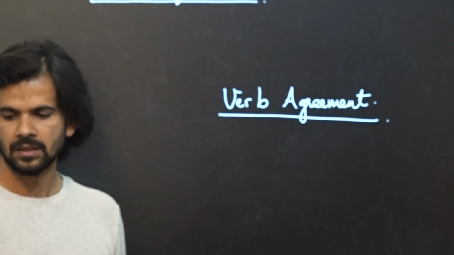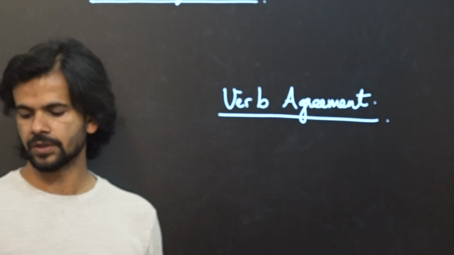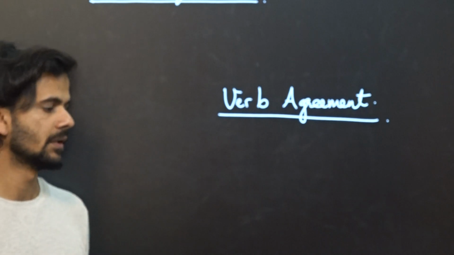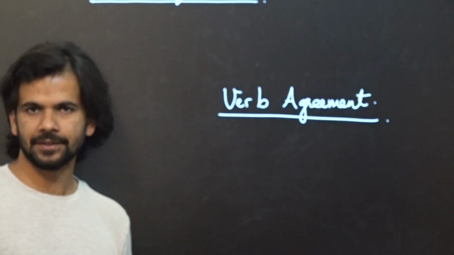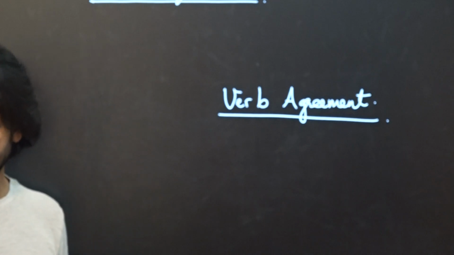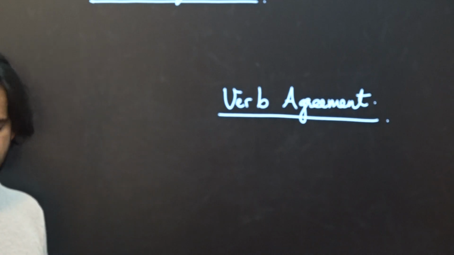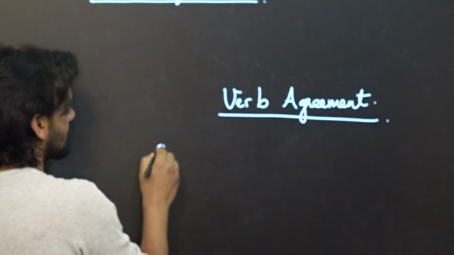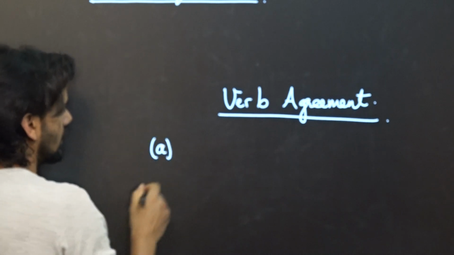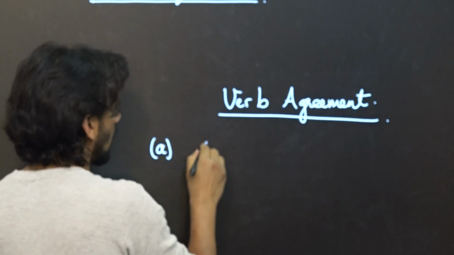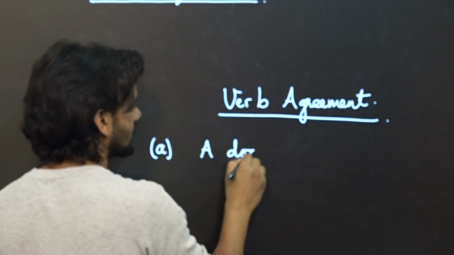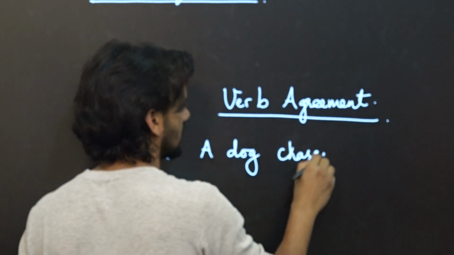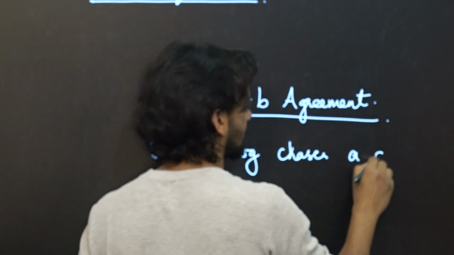Okay, so in today's lesson we will focus on verb agreement. Let's take two sentences. Let's take the first sentence: A dog chases a cat.